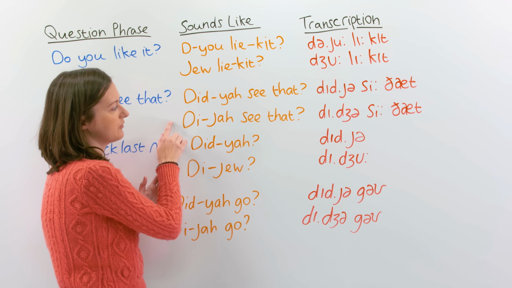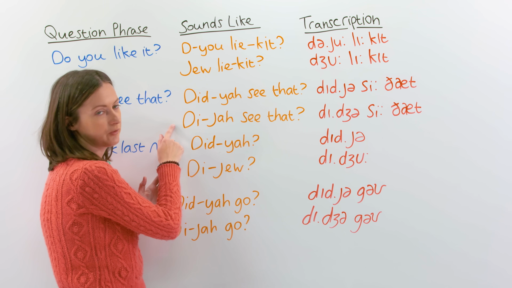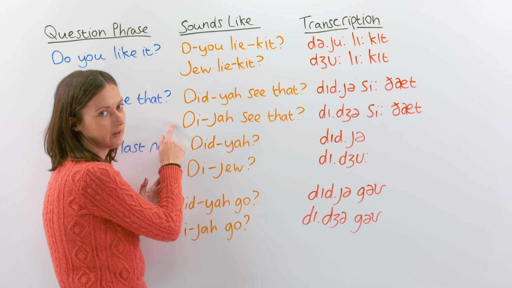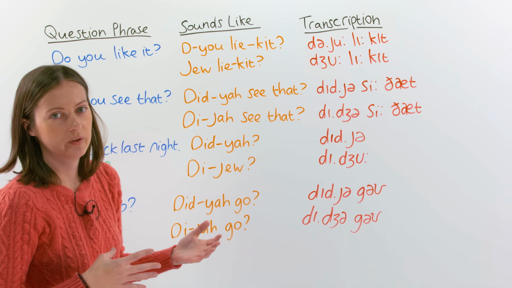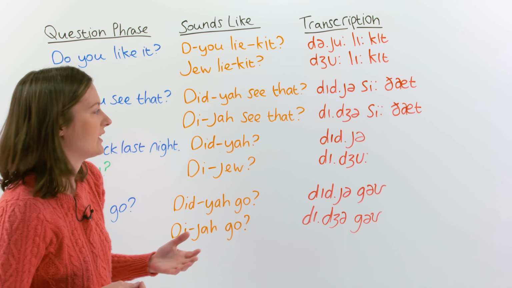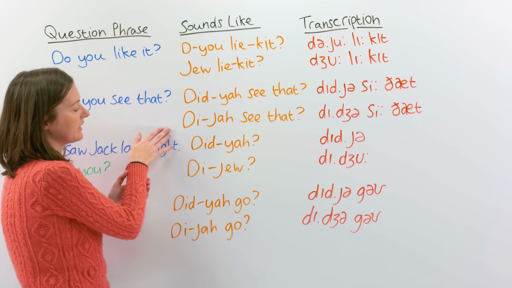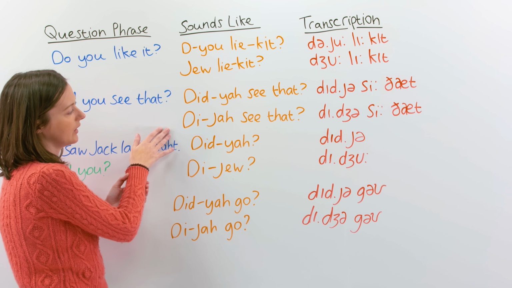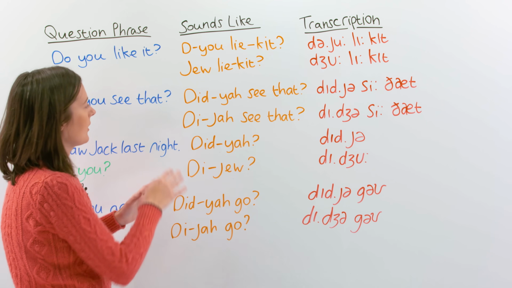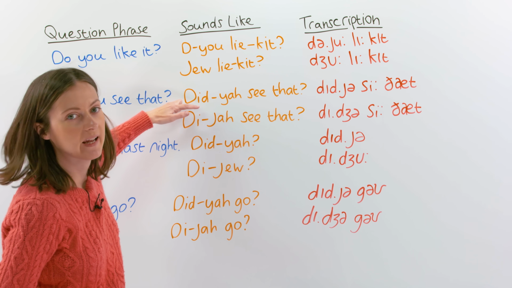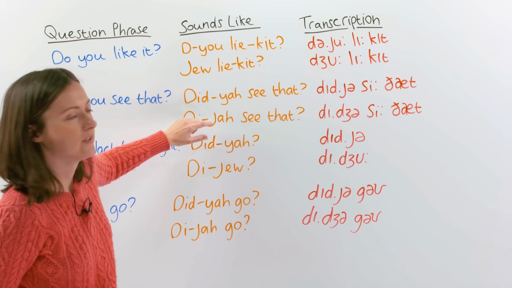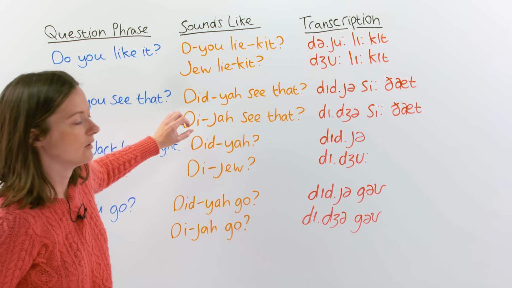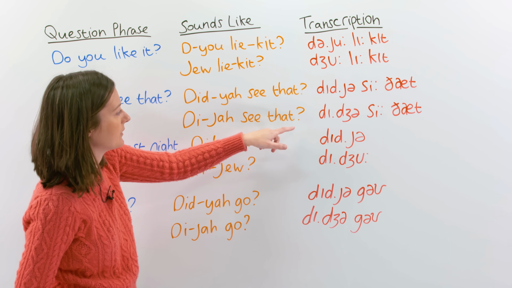This is advanced level hearing. If you don't hear it, you haven't listened to enough native speaker pronunciation. What's happening here is we are losing the letter D and changing it to a J sound instead. J. Did you see that?